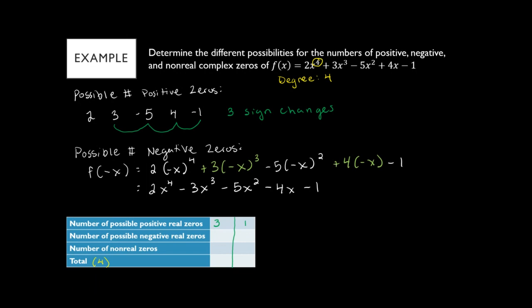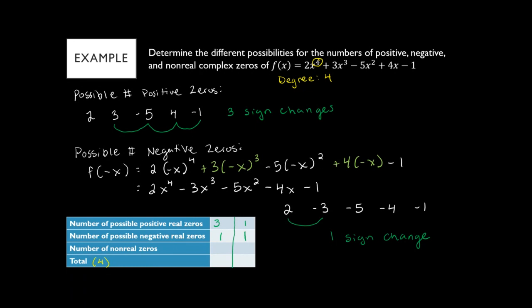So we've got 2, negative 3, negative 5, negative 4, negative 1. Counting how many times it's changing sign, we go from positive to negative, but then we stay negative. So there is 1 sign change. So we could have one possible negative zero, and we can't subtract 2 from that, so it's just going to be 1 in both columns.